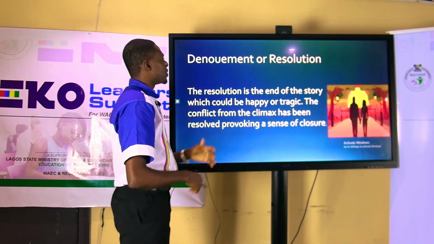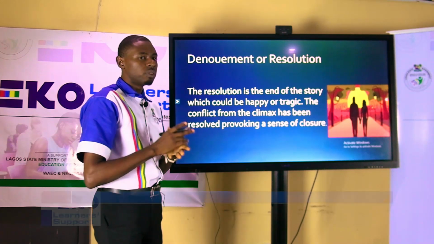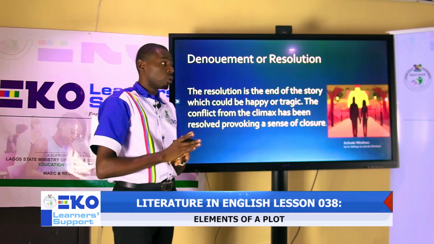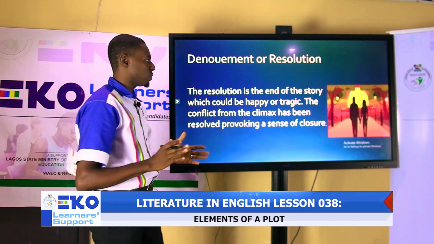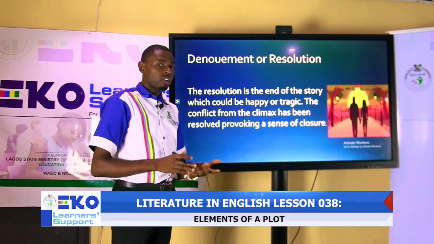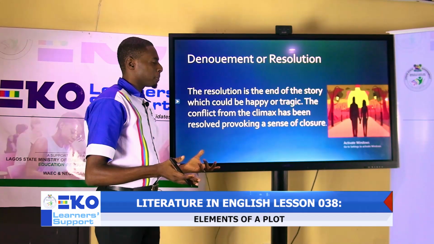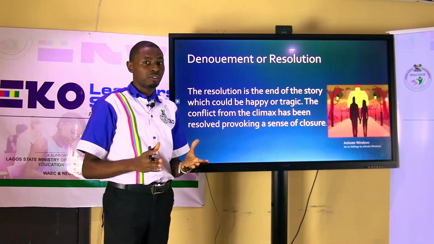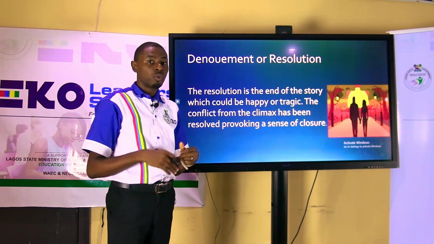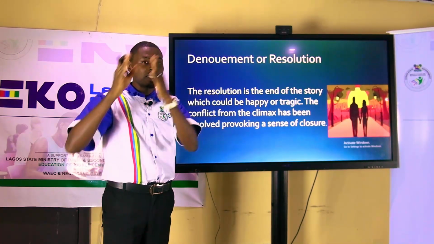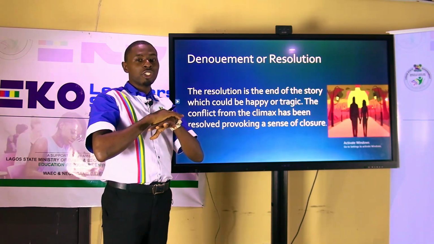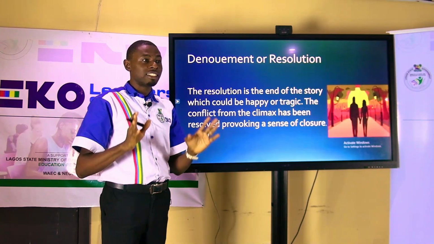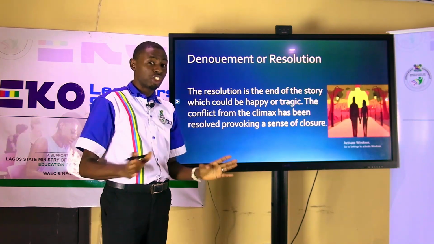Now, we also have denouement or resolution. The resolution is the end of the story, which could be happy or tragic. For the Aristotelian fashion of the linear plot, where you have beginning, middle, and end, of course, we know that Aristotle supports tragedy, that the end of the play should be tragic.